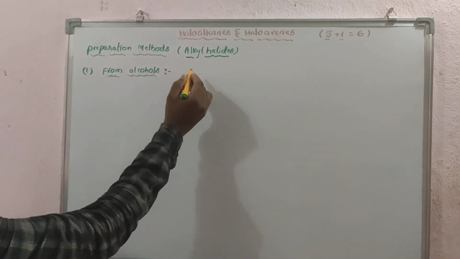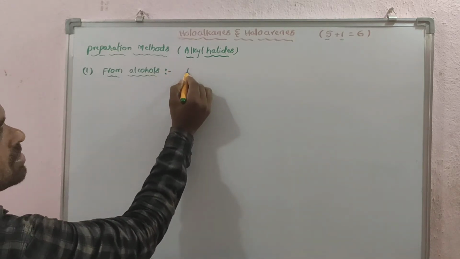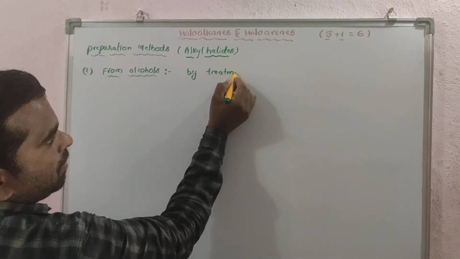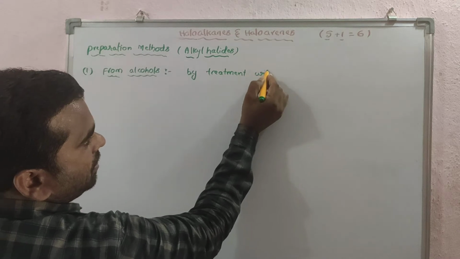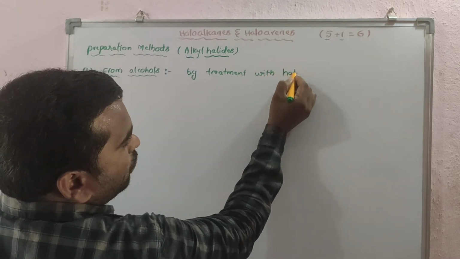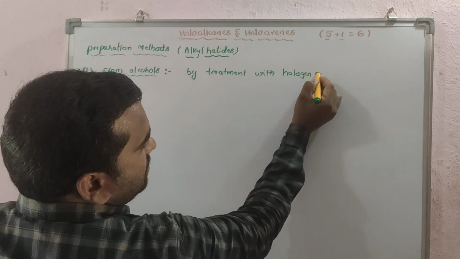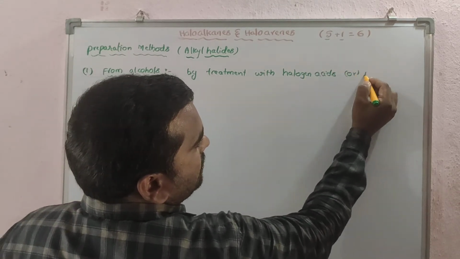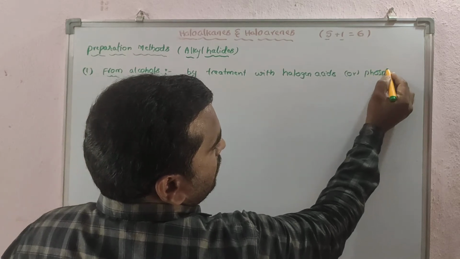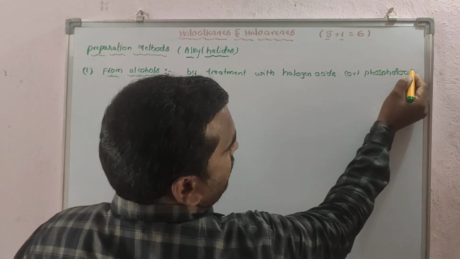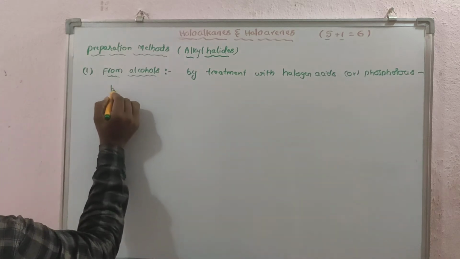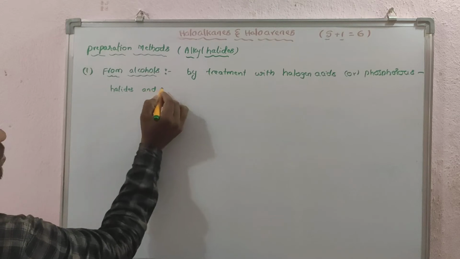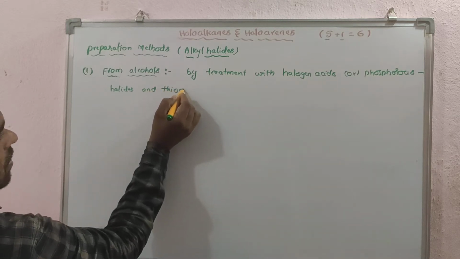Clear? Alkyl halides are prepared from alcohols by treatment with halogen acids, or phosphorus halides, and also thionyl chloride.